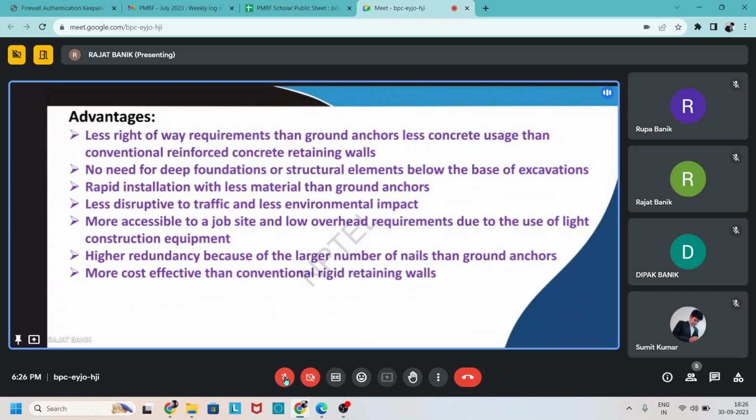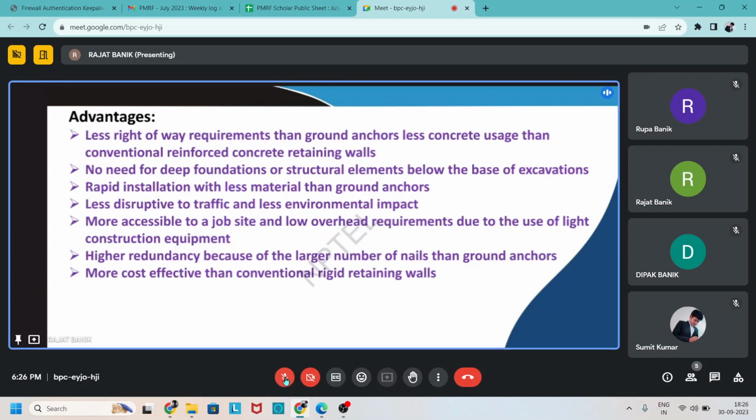Also, it is a rapid installation with less material than the ground anchor, and less disruptive to traffic, and has less environmental impact. When we apply this technique on the slope, the disturbance from induced vibration is very low during installation, so it is very environmentally friendly.